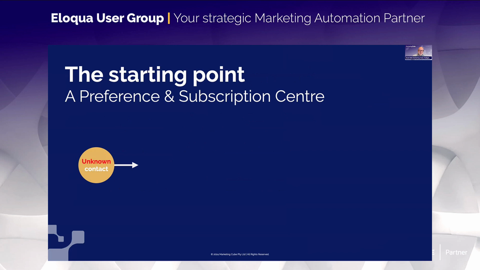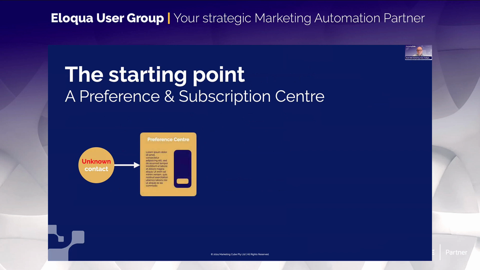But let's look at a graphic. Sometimes the graphic helps, right? So we have an unknown contact, someone who the business or the university or your organization has not seen before. They come to the website. They may go straight to a subscription center or preference center, depending on how you configure or display that, or they may fill in a form to access some information, or maybe it's simply a contact us form.